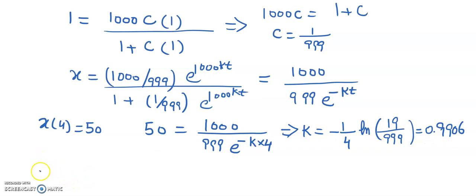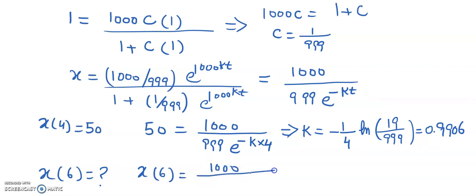So now we have to find how many infections after 6 days. That we need to find, because we already know the value of k in this equation. So x for 6 days will be equal to 1000 divided by 999 e power minus 0.9906 times t is equal to 6.